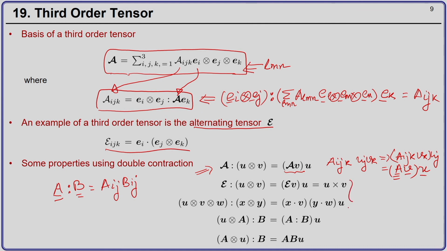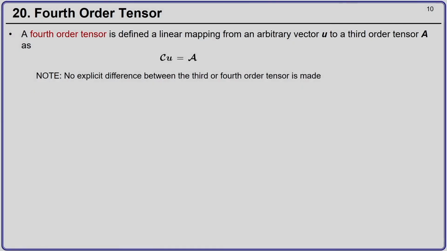Similarly, there are other properties associated with the double contraction applied to third order tensors and are mentioned here. You can obviously prove them using indicial notation or using operational approach. Next, we move to what are called fourth order tensors. So, a fourth order tensor will operate on a vector to give you what is called a third order tensor.